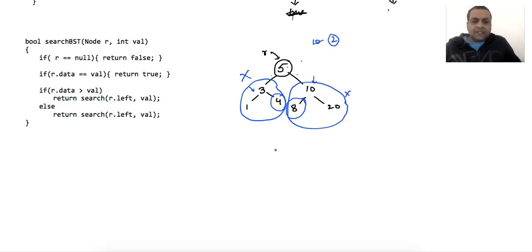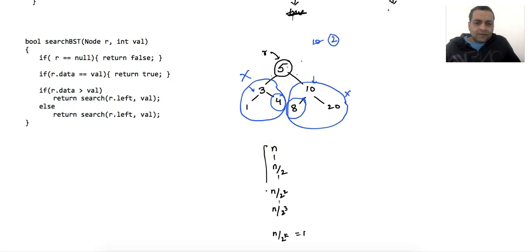Alright, so in this case, initially I have n nodes. Then in the second iteration, because I am going to either the left subtree or the right subtree, we will have only n by 2 nodes. Then in the next iteration, we will have only n by 2 square nodes. Then in the next iteration, n by 2 cube nodes, and so on. So we keep on searching until n by 2 raised to power k becomes equal to 1 or null, right?